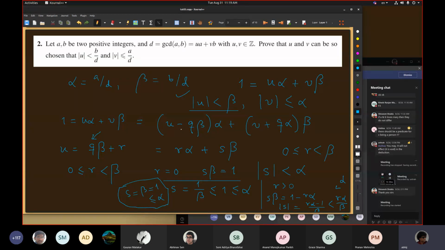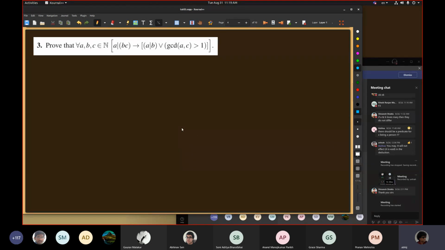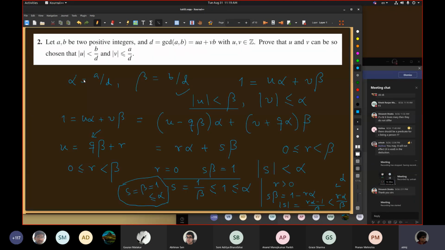Okay, maybe then let us switch to another exercise. So in that previous sum, can we use these conditions which we have to prove and prove that there exists one in the range of u alpha plus v beta? Like can we go in that way? I do not understand your query. So you choose u and v in that range, right?